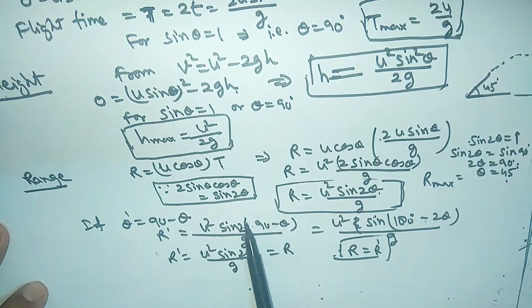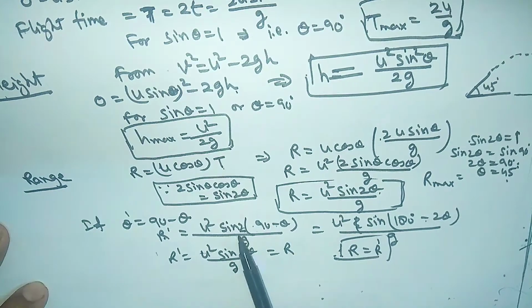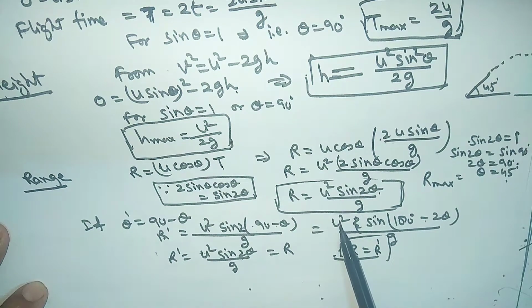If we take the angle 90 minus theta instead of theta, the new range is u square sin 2 theta, and in place of theta we write 90 minus theta. Multiply the 2 inside, so u square sin (180 minus 2 theta), and sin (180 minus 2 theta) is always equal to sin 2 theta.